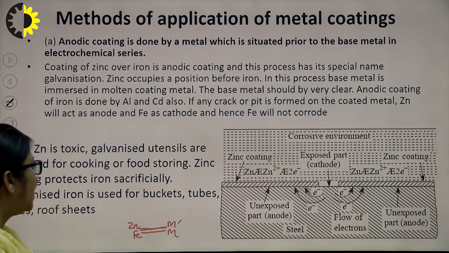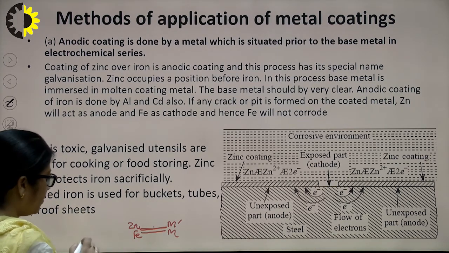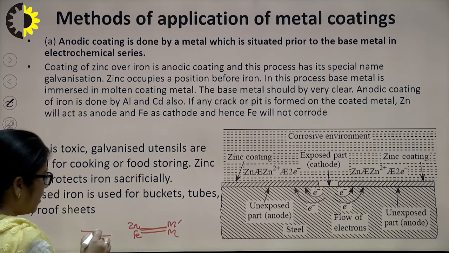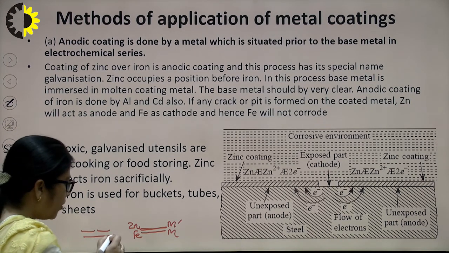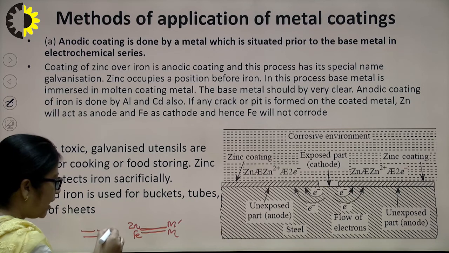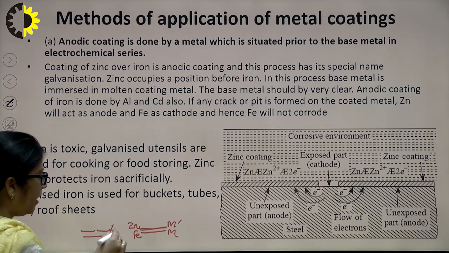What I said, if the coatings break down, if there is a gap in the coating, even then our iron is going to be cathode and our coating will behave as anode. So, our coating will be anode.